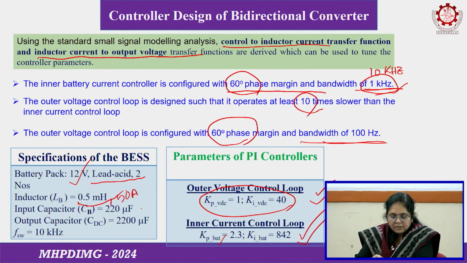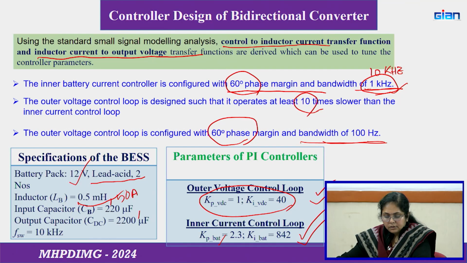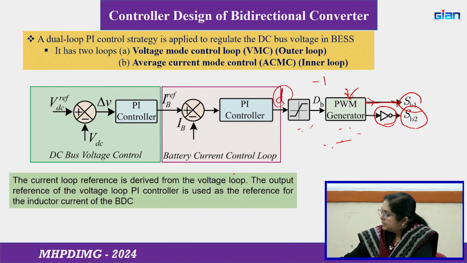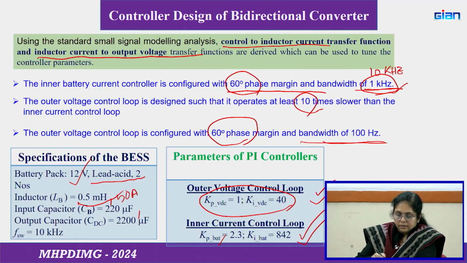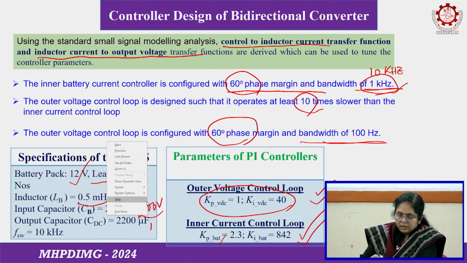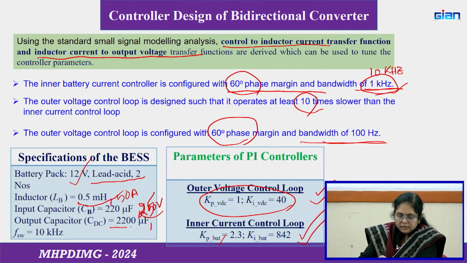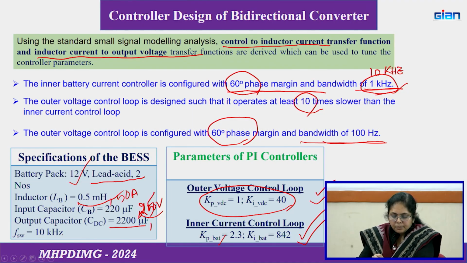The input capacitance is 220 microfarad, and you can choose 100 volt. The output capacitance is 250 volt standard, and the output capacitance is 2200, we have calculated 2100 something.